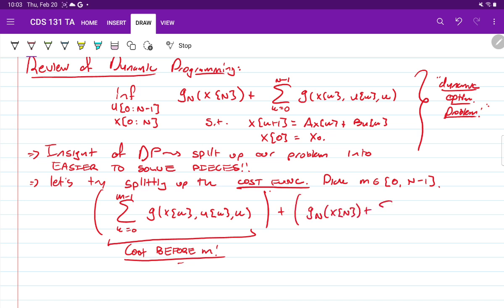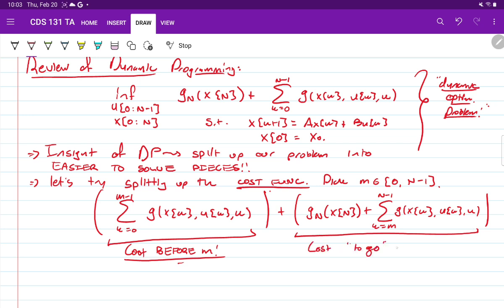So I have g of xn plus the sum, which will now go from k equals m all the way up until n minus 1 of g of xk, uk, and k, all right? So this is my cost to go, after and at time step m, okay?